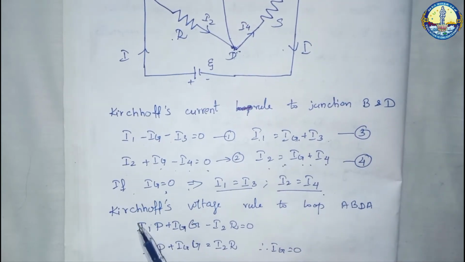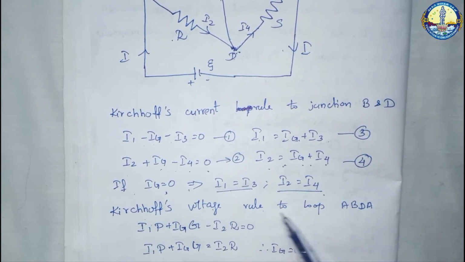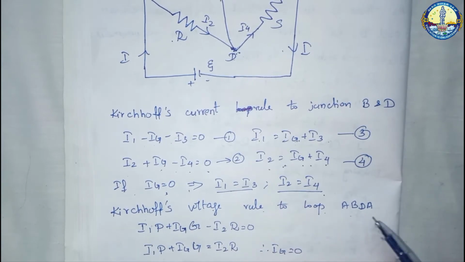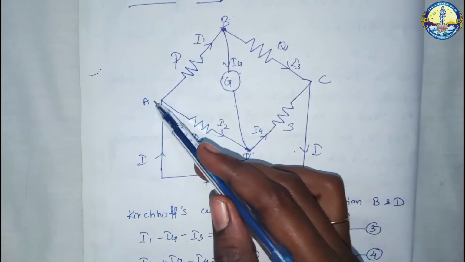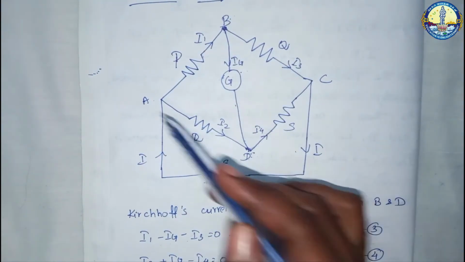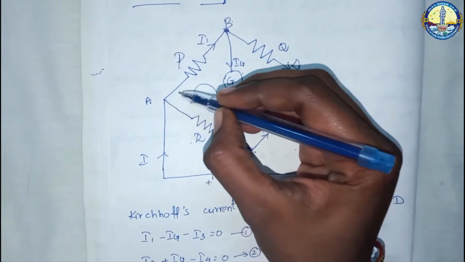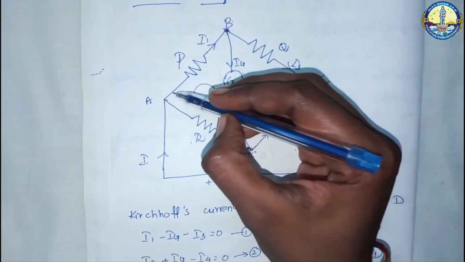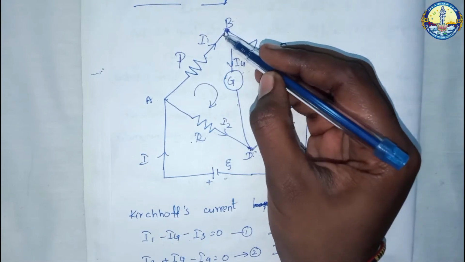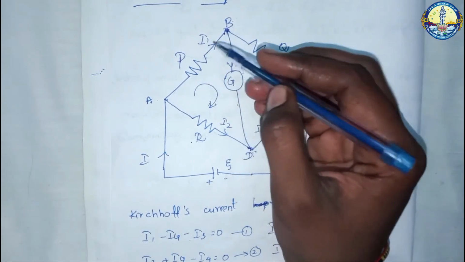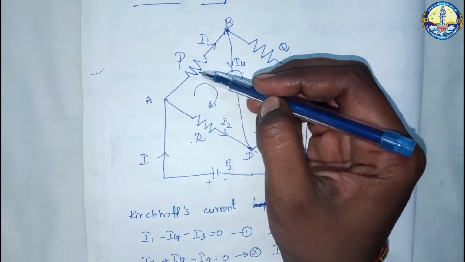Now, we are going to apply Kirchhoff's voltage rule to loop A, B, D, A. So this is one loop. We are going from A to B, so the current direction is the same. By using the voltage rule, we know the current into resistance.